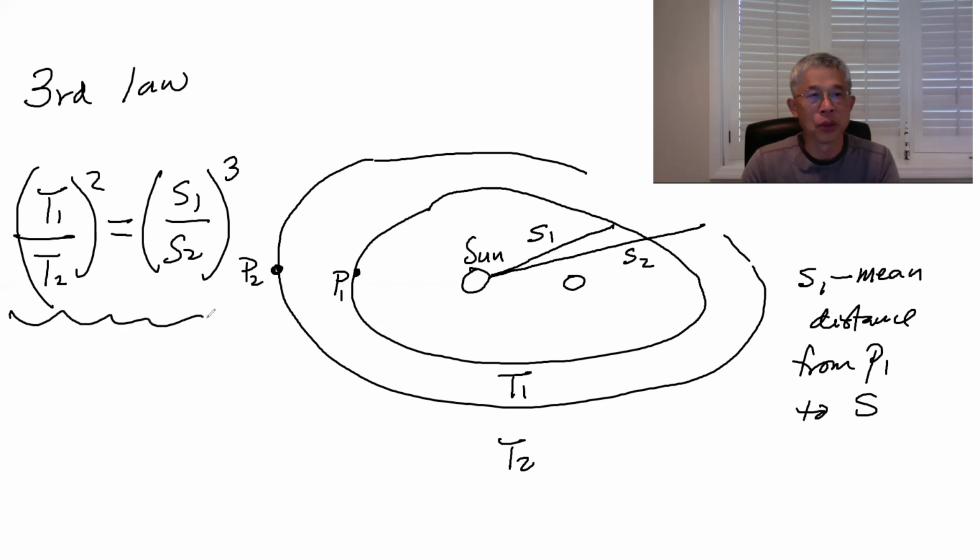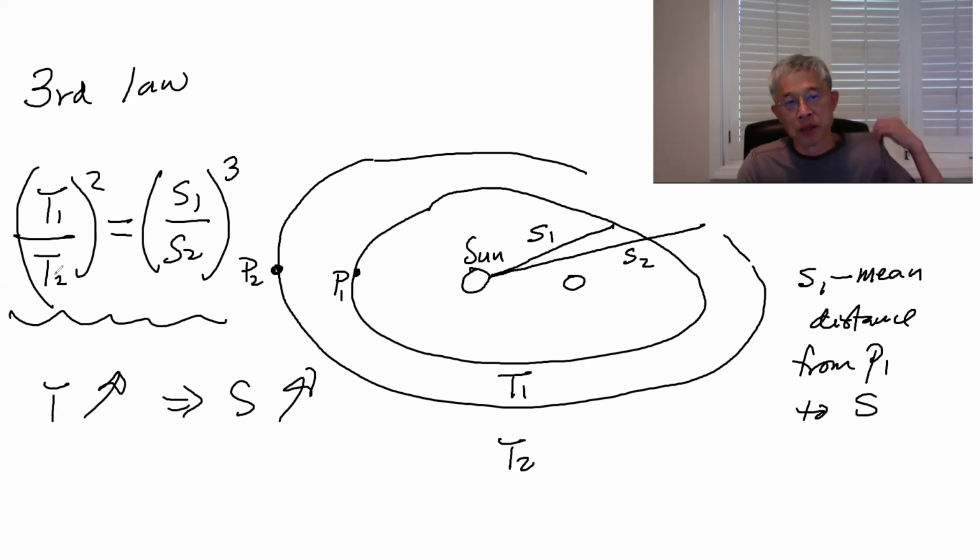So that is your third law. So there's a relation. So as T gets bigger, then we know S also gets bigger, right? But it's not really linear. It's in this square-third power relationship. Okay, so that's all we have for Kepler's third law, right?